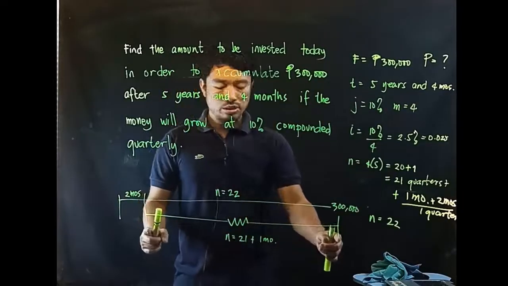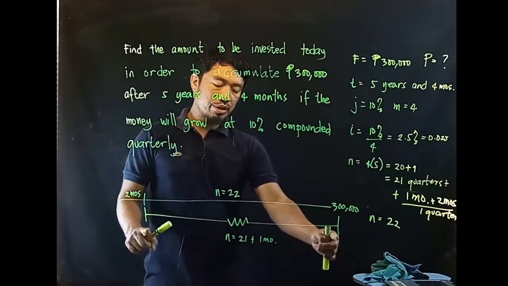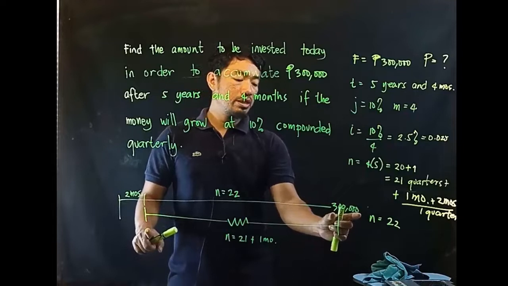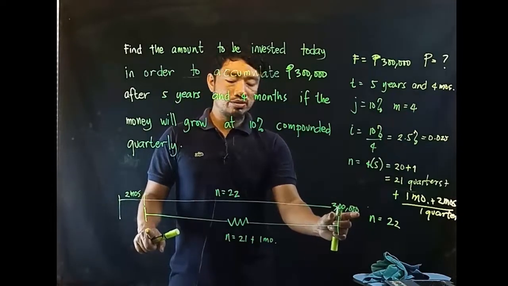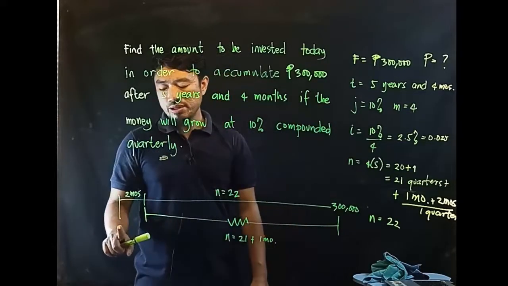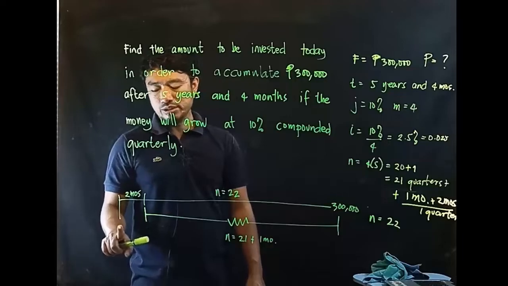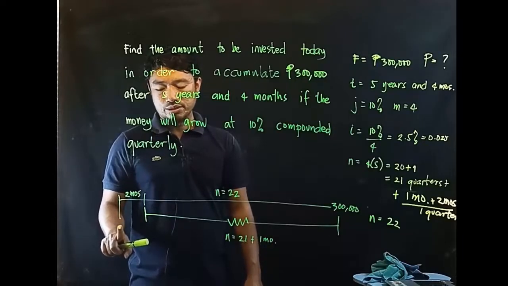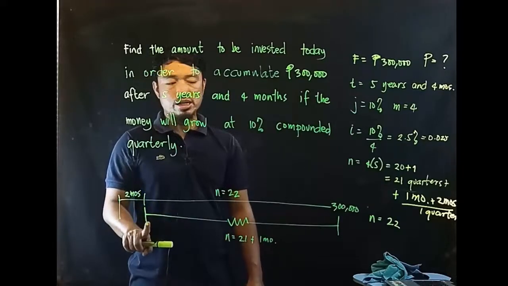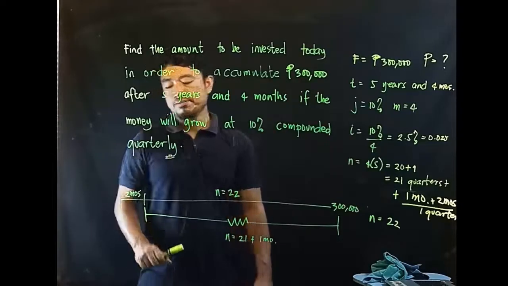So this part of the timeline is equivalent to 21 periods and 1 month, but we're going to find the present value of 300,000 for 22 periods. Therefore, the present value we're going to calculate will be placed here on the timeline, which is 2 months past the original present value we are trying to determine.